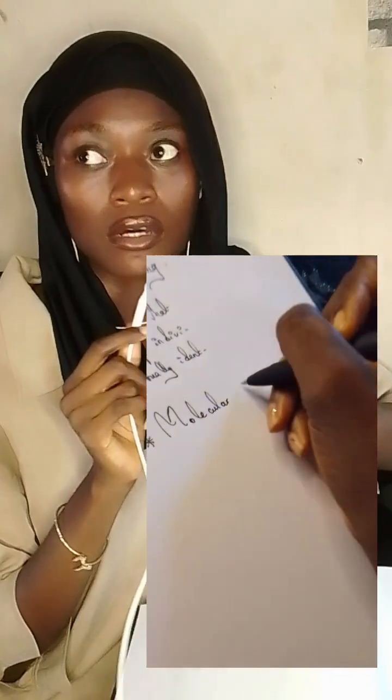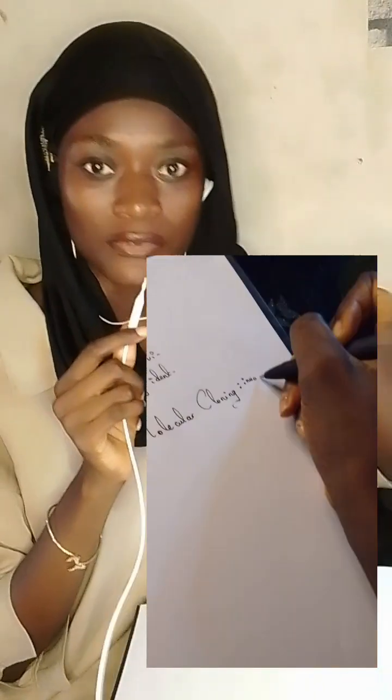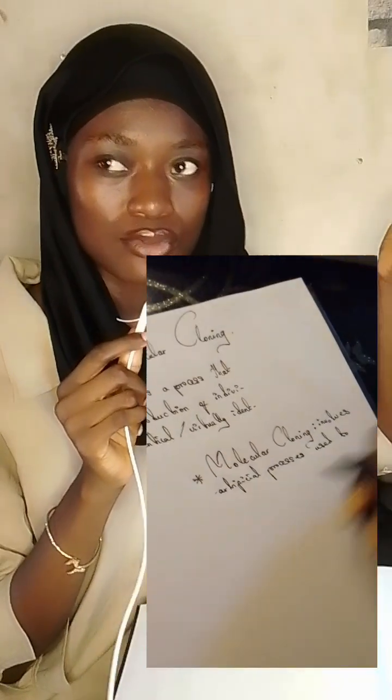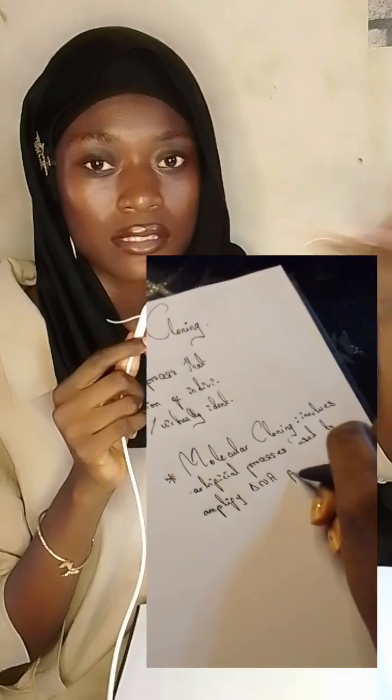On to molecular cloning. Since we know what cloning is, molecular cloning is one of the branches or subcategories of cloning. Molecular cloning simply involves the artificial process used to amplify DNA segments.